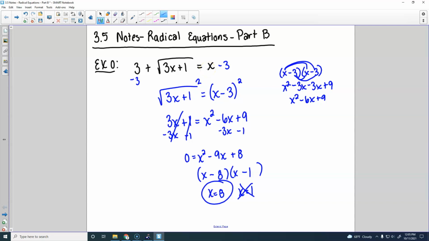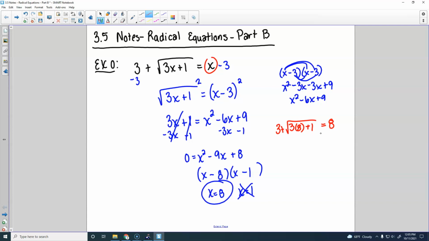Right, it's supposed to equal whatever x you're plugging in. Because if we wrote this down, we'd be doing 3 plus the square root of 3 times 8 plus 1 equals, we'd replace this x right here with an 8 also to see what we would have. So 1 does not work, 8 is our only answer.